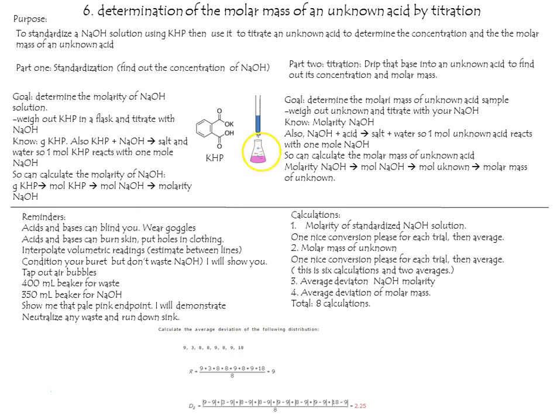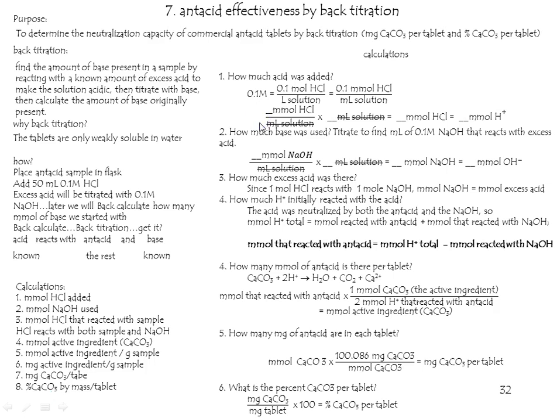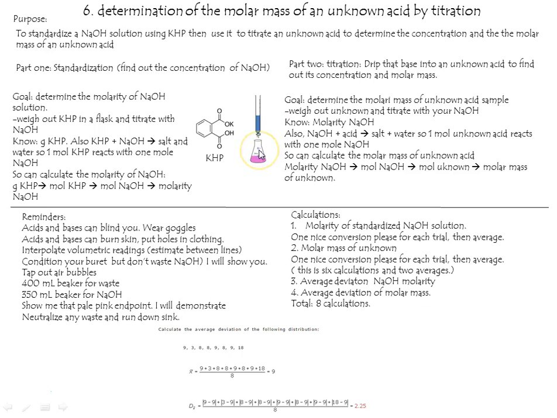So let's be clear. What do we got in here? Sodium hydroxide that we need to standardize. What do we have in here? A known amount of potassium hydrogen phthalate, KHP. From that, if you know the volume, and you will, you can figure out the molarity of that solution. So we have 3 of the 4 things that we need to know.